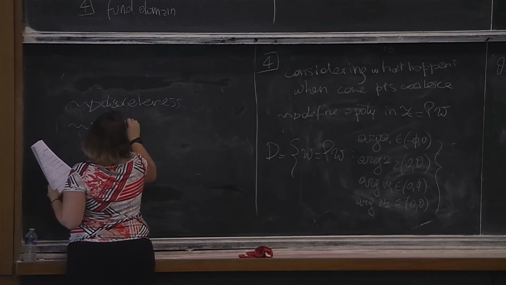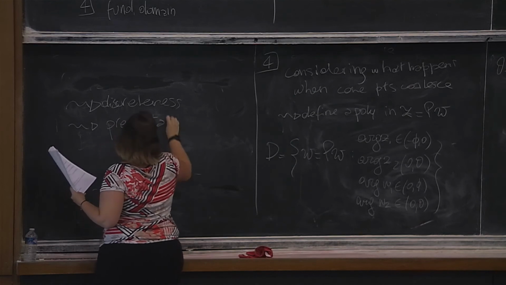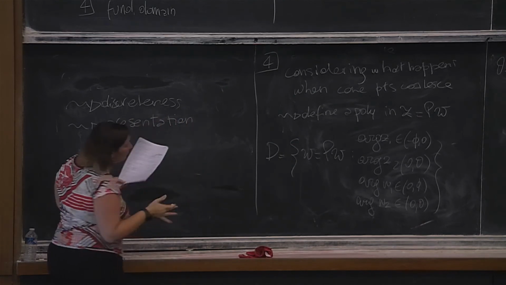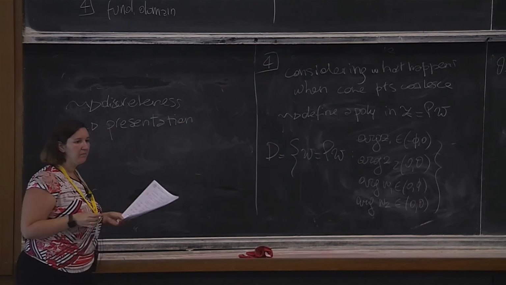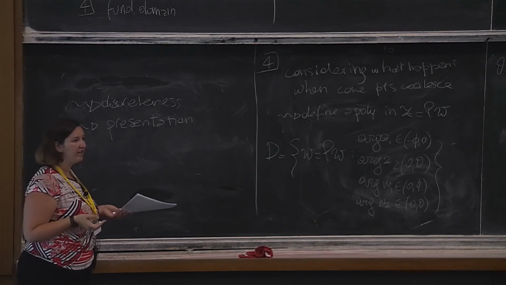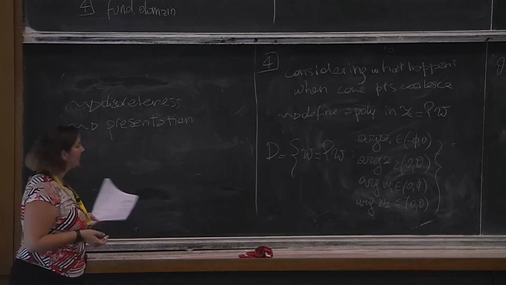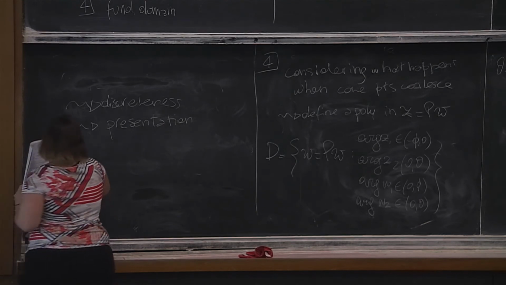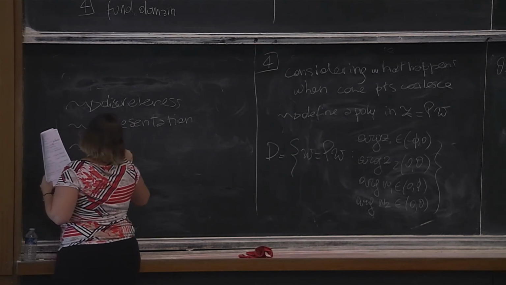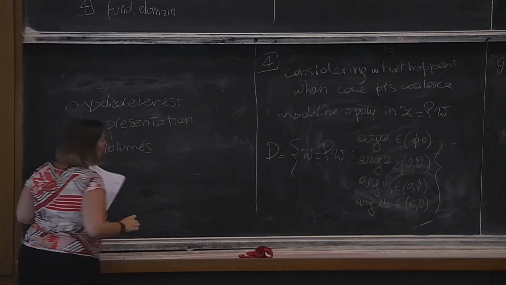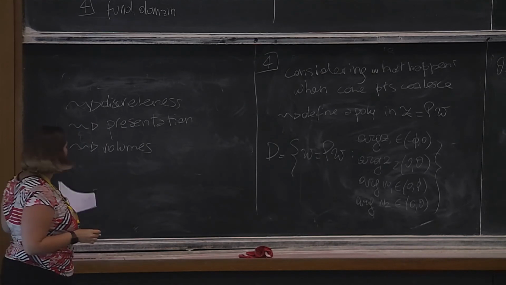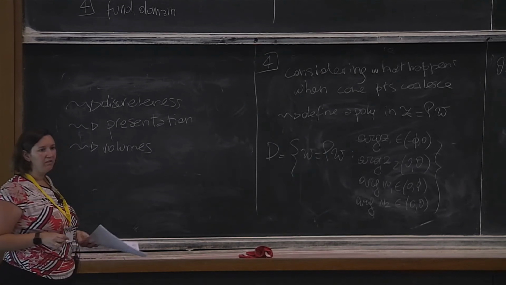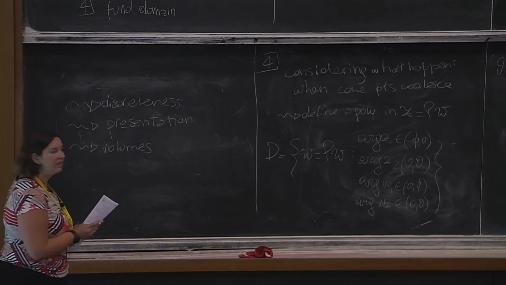And then we were able to give a presentation that was kind of included in Deligne-Mostow's work, but it wasn't explicit. And then we could also recalculate the volumes, which, again, other people calculated already before, but we found the same values again.